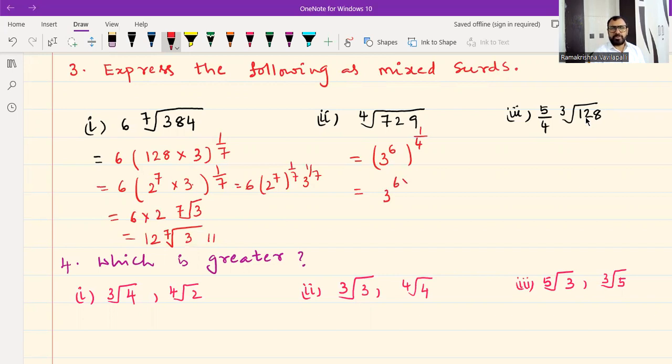So 6 into 1 by 4 equal to 3 to the power of 3 by 2. This is further equivalent to 3 to the power of 1 into 3 to the power of 1 by 2. So therefore, 3 into root 3. This is the simplified expression. We can say it is a mixed surd. You can simplify the third one by yourself.